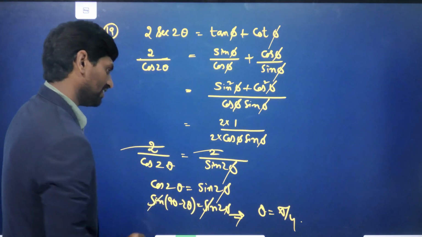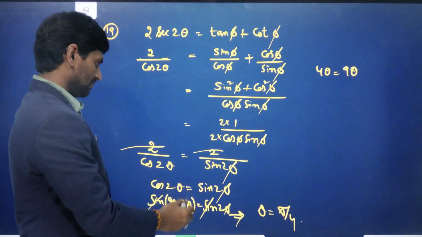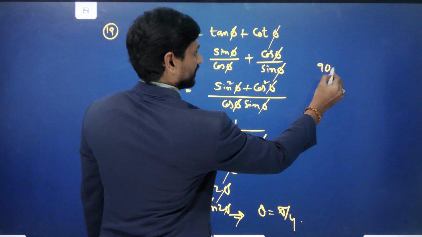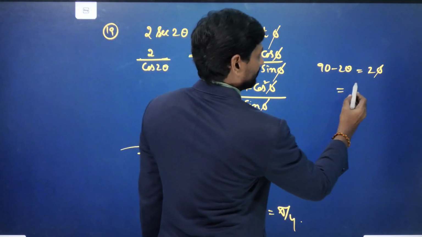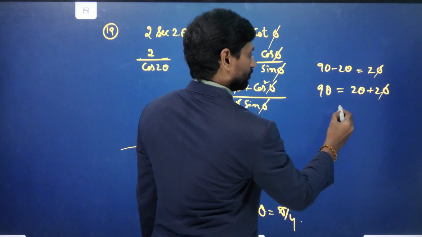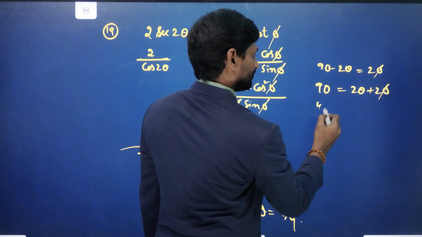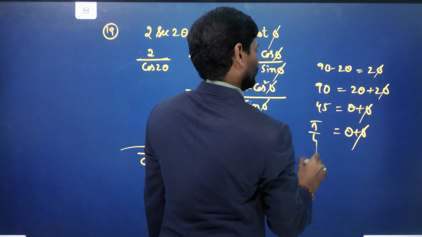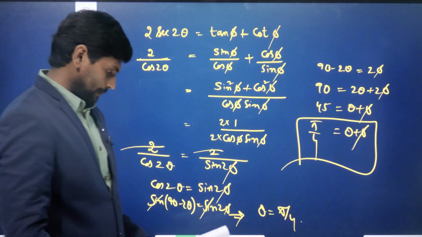Both sides sin ratio cancel. 90 minus 2 theta is equal to 2 phi. Transposing, it will be plus 2 phi, plus 2 theta is equal to 90. The 2 cancels on both sides, it will be 45. So theta plus phi value is 45, so theta plus phi is nothing but pi by 4. Okay? Check. Let us go to the next problem.